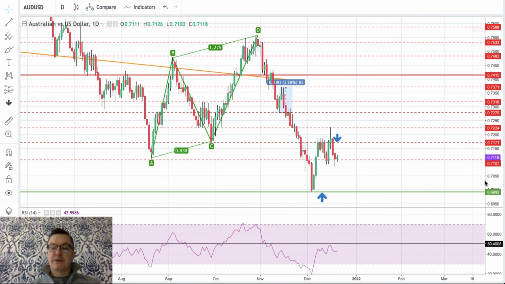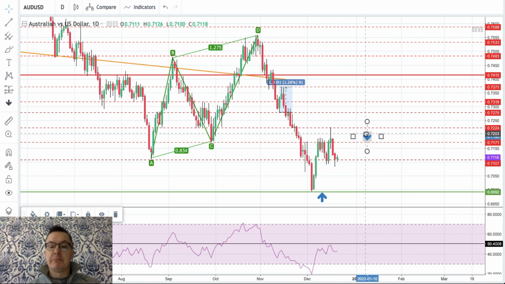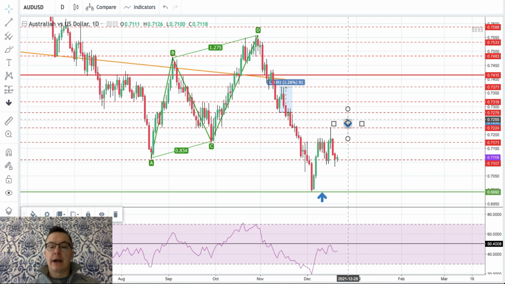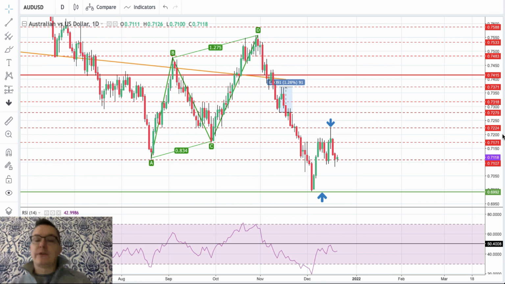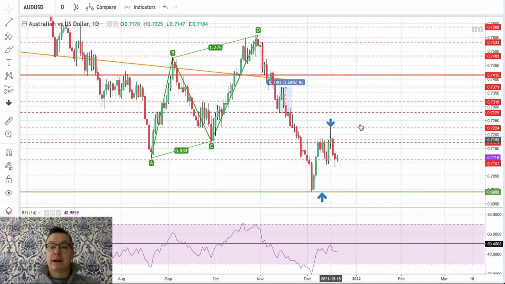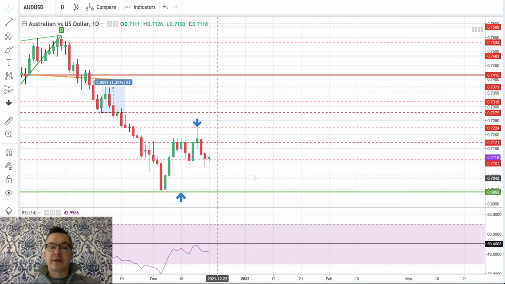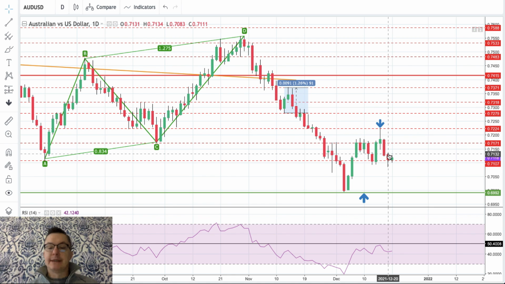A recent bounce from 6,992 was kind of interesting because the market has broken above the 7,171 pips technical resistance, made a new local high at the next technical resistance level at 7,224, and then after a pin bar candlestick pattern was made, the market reversed lower. As you can see, recently we just made a local low at the level of 7,083.